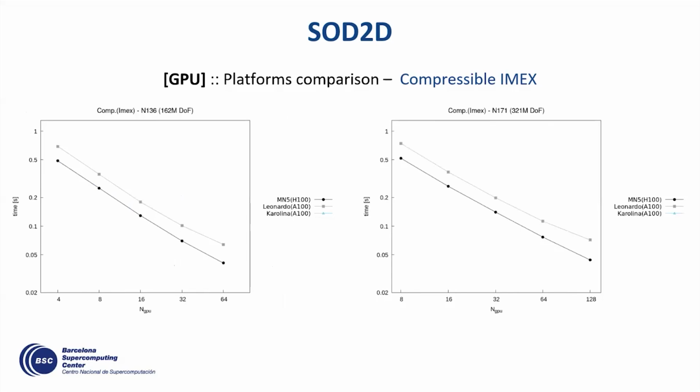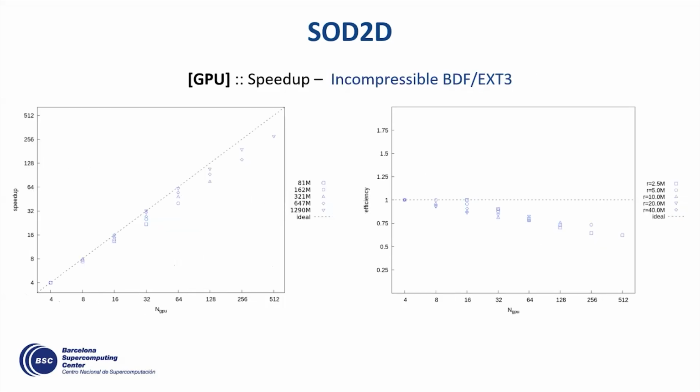And then a comparison with Leonardo. Here, I do not have results for Carolina. And then when we move to the incompressible solver, what you can see is that we have not only the implicit part of the diffusive, but also the Poisson, which of course has an impact on the scalability because you have more communications during the solving of the Poisson on the CG.